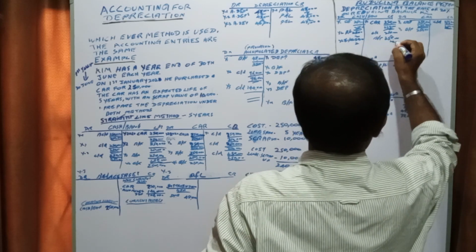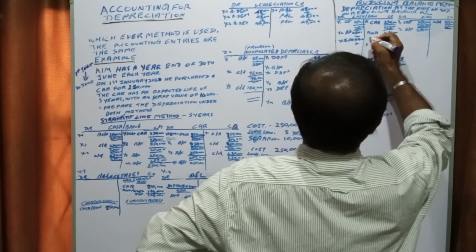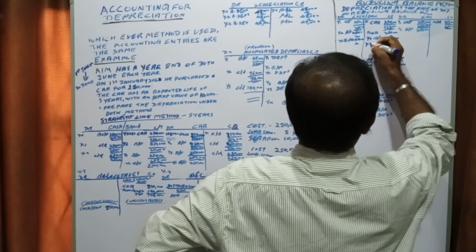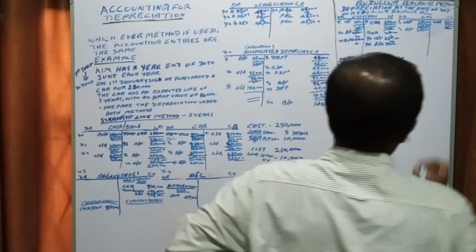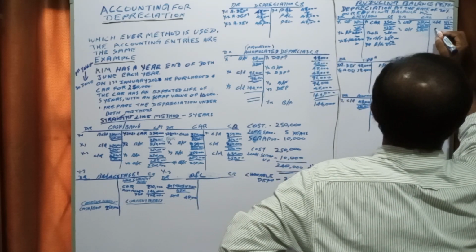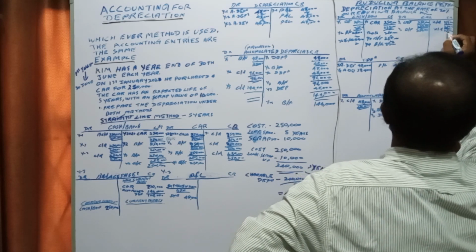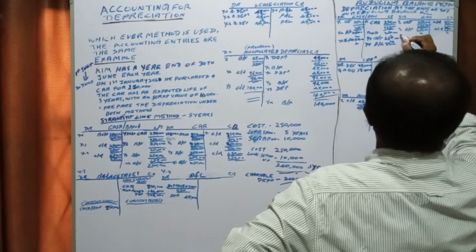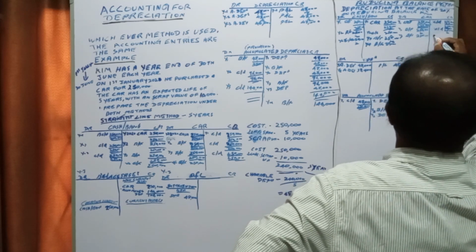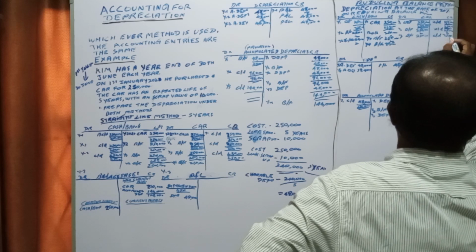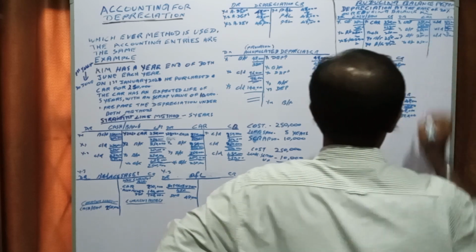Brought forward year 4, 250,000, right? Here also year 1, year 2 carried down 250,000. Year 3 brought forward 250,000, carried down 250,000. Okay, in year 4 brought forward 250,000, right?